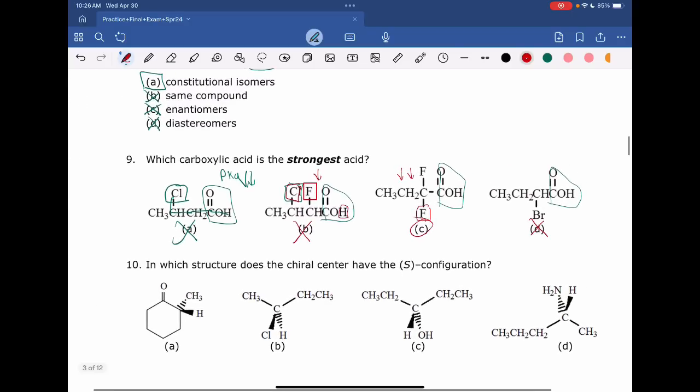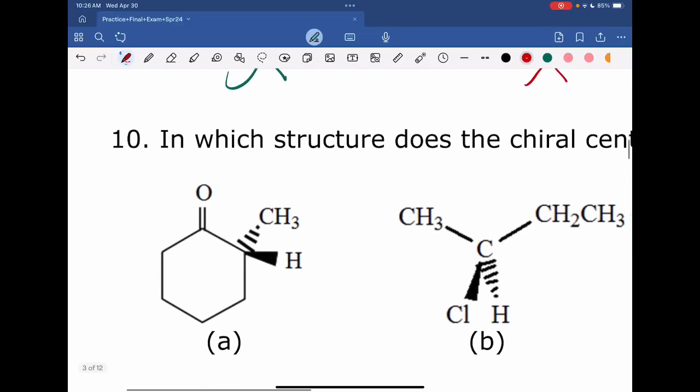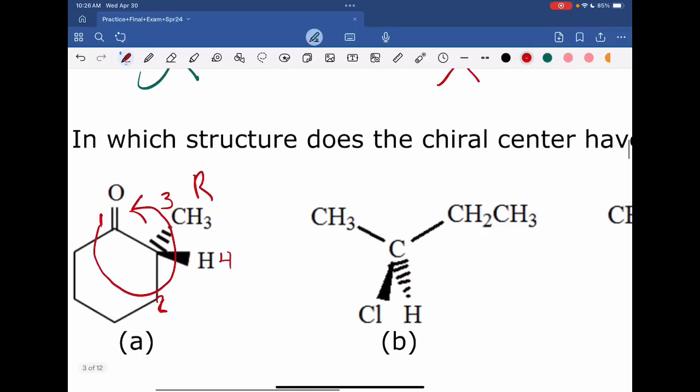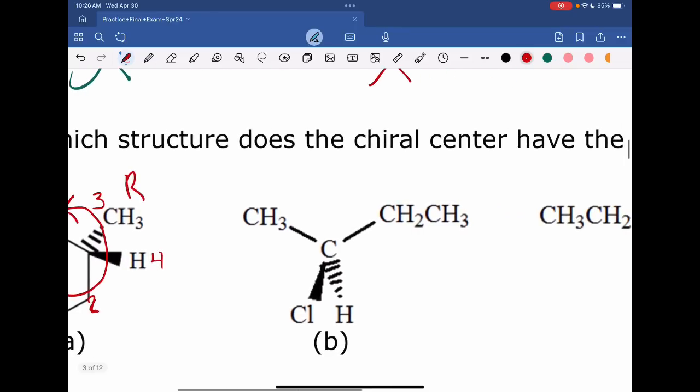Okay. This one's just about doing RNS, so let's just do it. Let's number it. This is going to be carbon 1, 2, 3, and 4. This is going this way, so it's going to be R. One, two, three.